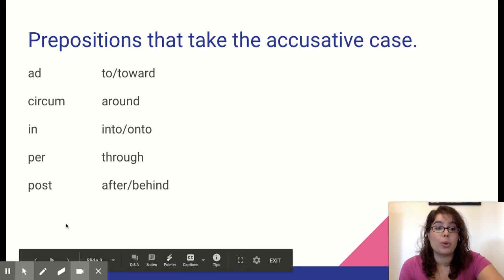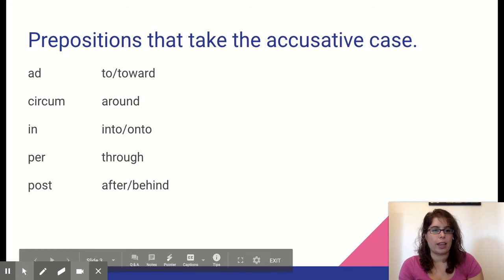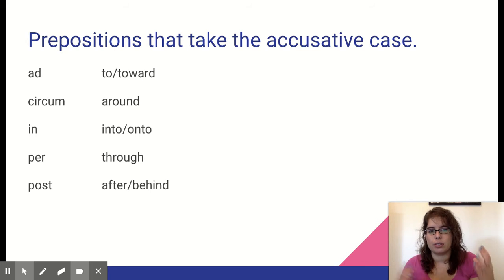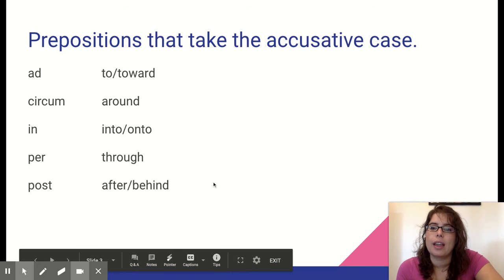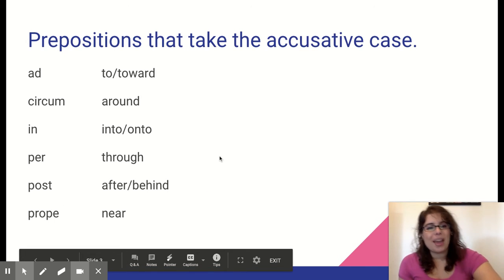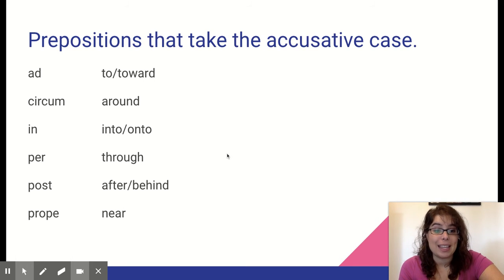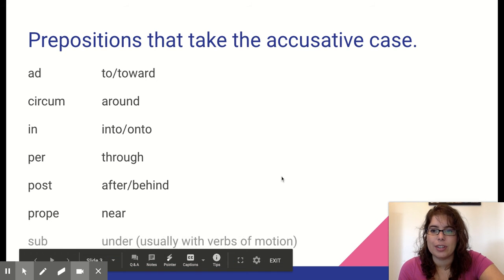We've seen postquam, meaning after, in sort of more like a storytelling sense. So this post is going to mean more of like a physical placement of something, right? Like in a line, this person is after that person or behind that person. It's more of that sort of a sense. And then prope, this was my example I used on the previous slide. Prope means near. And again, these all take the accusative.